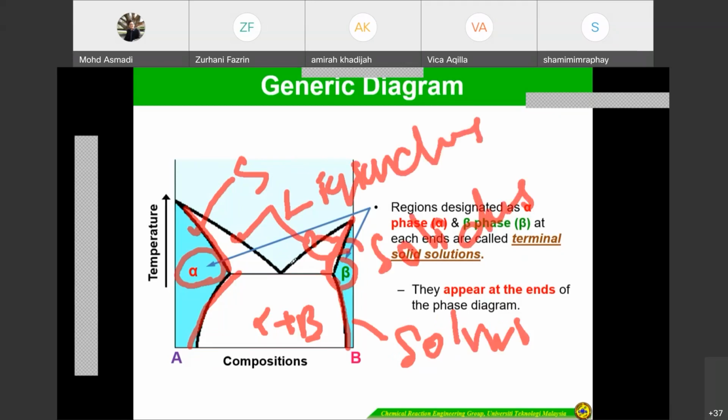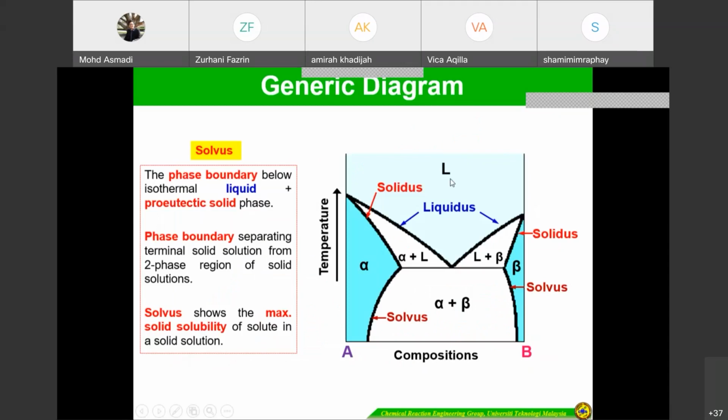We call this a phase boundary. So: liquidus, solidus, solvus.